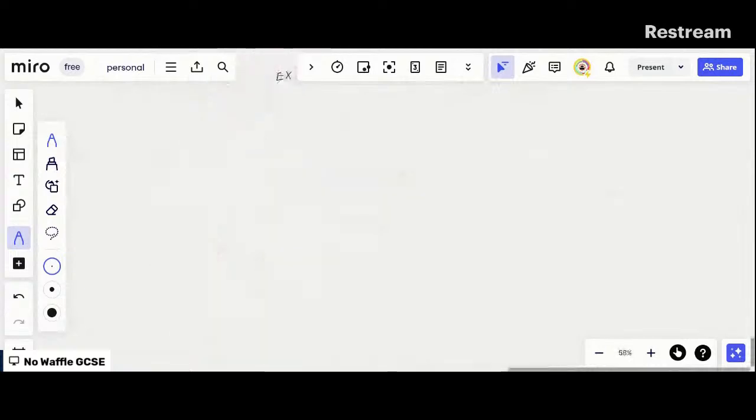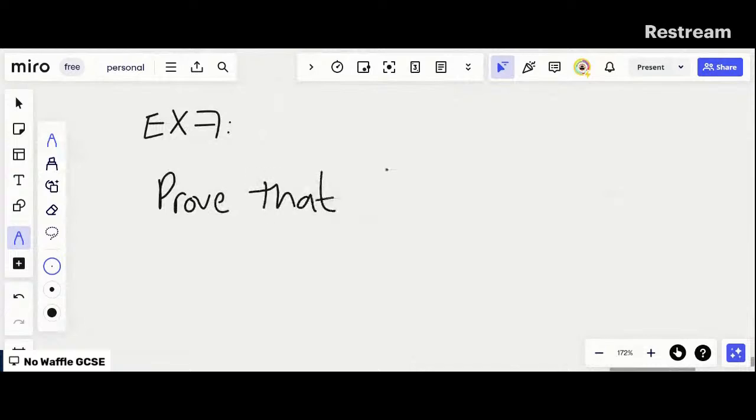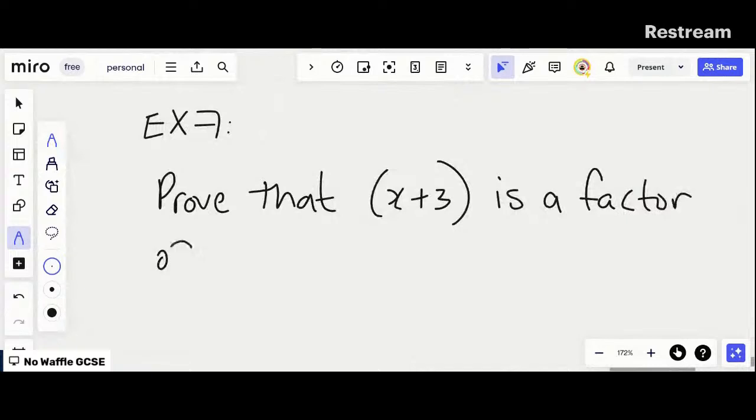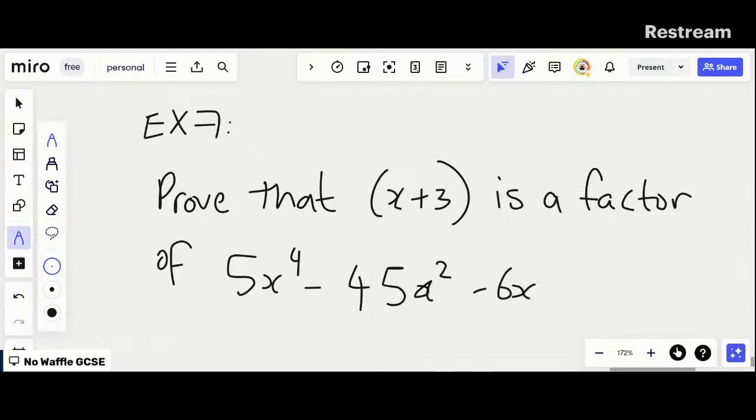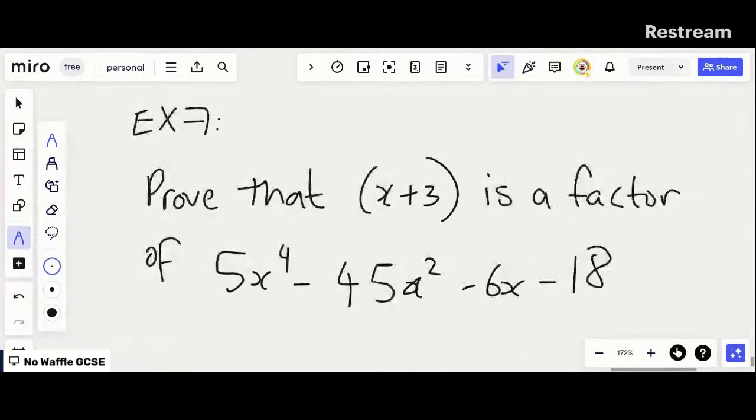So they could ask you, prove that x plus 3 is a factor of, and then in this case, you've got x to the power of 4, so x to the power of 4 plus 5x cubed, 45x squared minus 6x minus 18. So you just can be given a question like that.